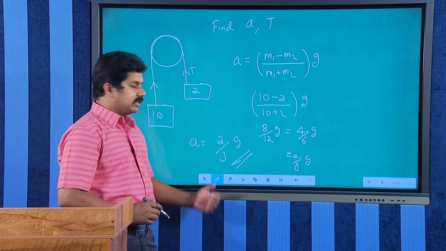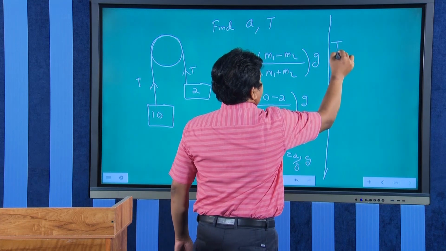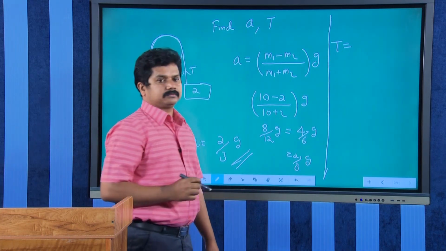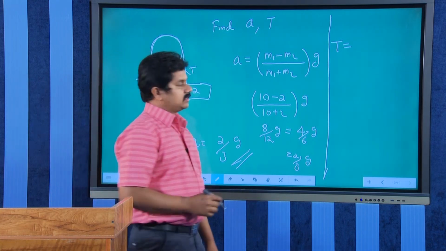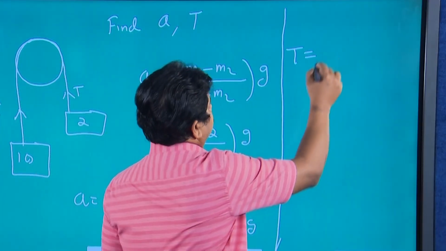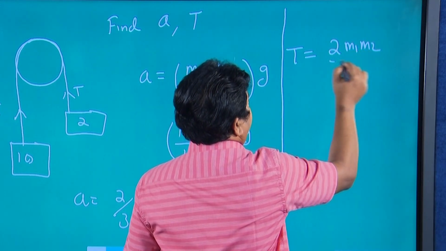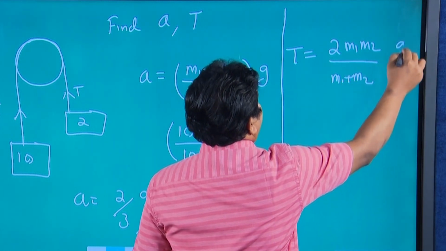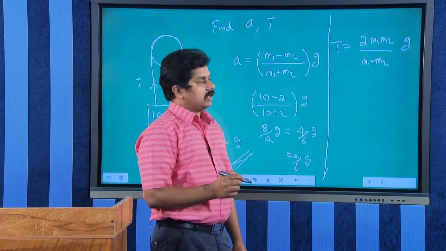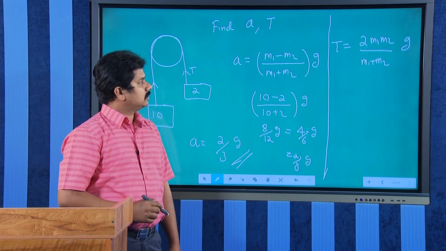Now, we need tension. So, what is the expression for tension in the string? T equal to 2 m1 m2 by m1 plus m2 into G, right.